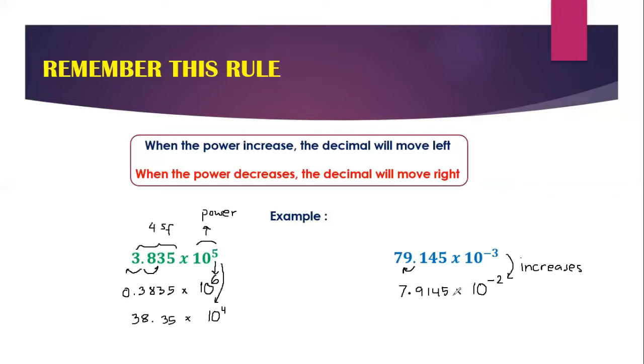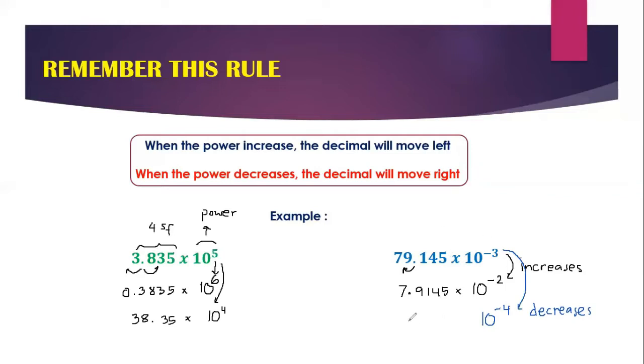I want to give you another example. What about if 10 to the power of minus 3 changes to 10 to the power of minus 4? Minus 3 to minus 4 is a decrease, right? When the power decreases, the decimal will move right.